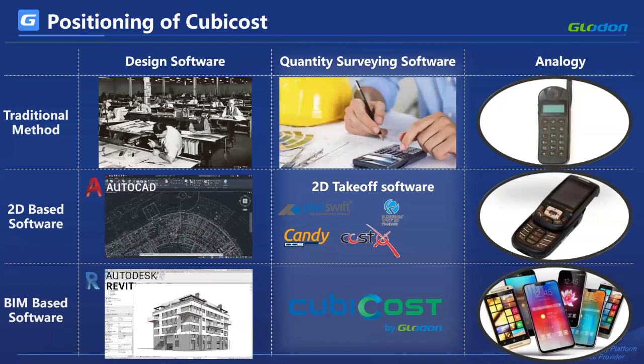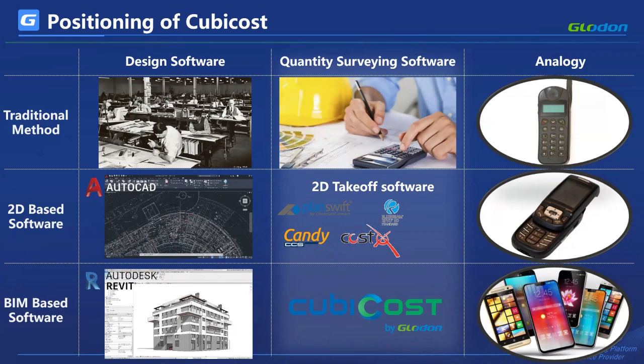Then this is another comparison. As I mentioned earlier, 20, 30 years back, we extracted quantities manually. It is like an old mobile phone. Okay, then 2D based software came. AutoCAD, PlanSwift, Candy, Costx, Bluebeam, those are 2D measurement software. Still, those software are very old.